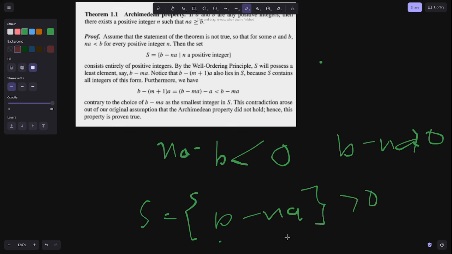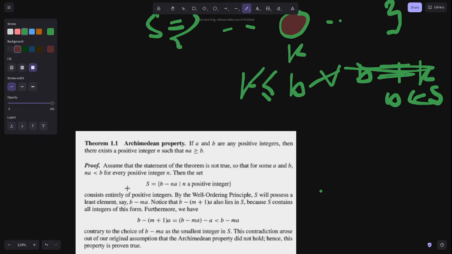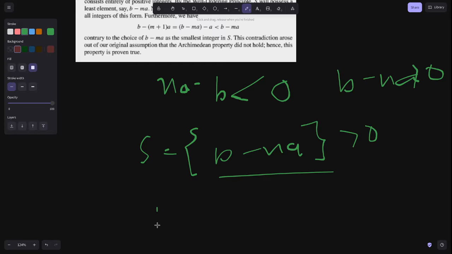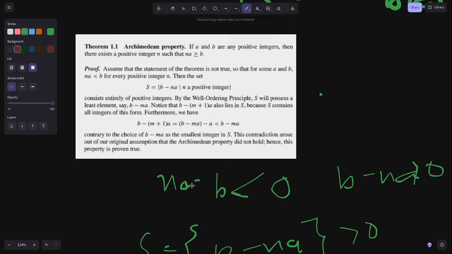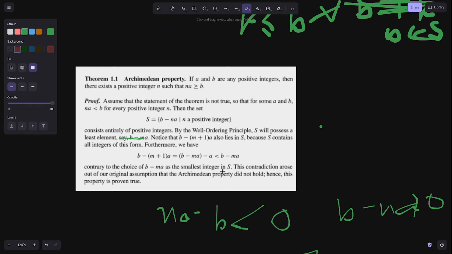This is a non-empty set, a positive set, so it comes under the well ordering principle. So there will be some b minus ma which is the minimum value, right? So that is the least element. But we can also find b minus (m plus 1)a, which is less than this because b is positive, m plus 1 is positive, a is positive, so this will always be less.